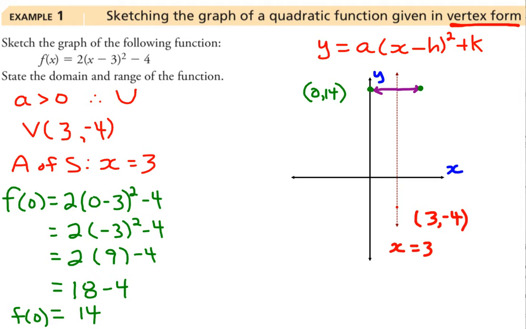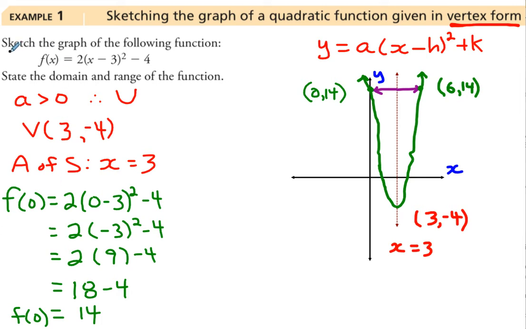So that would be the point (6, 14). Now that we have 3 points, we could easily draw this. Again, a little difficult to do when you're working on a computer, but you don't want straight lines, you don't want this to be a V, you want it to look like a parabola, which is a nice curved shape, looks something like this.